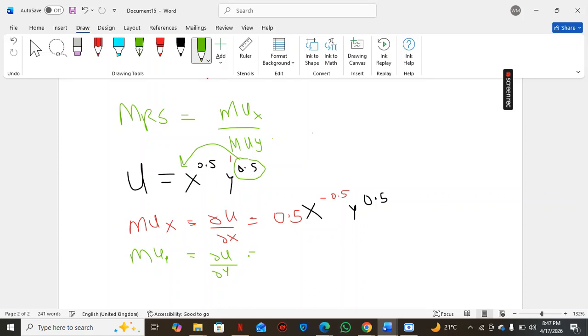You get 0.5. 0.5 x to the power 0.5. Okay, then you have y here. So remember, you always subtract a 1 from the exponent. 0.5 minus 1, that is negative 0.5. Okay, this is the marginal utility of good y.